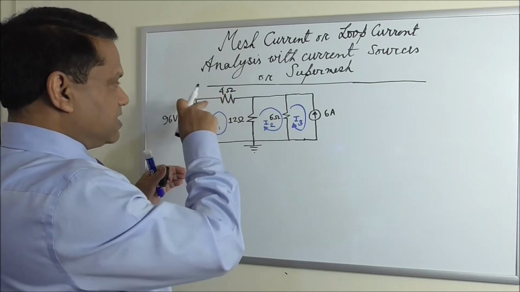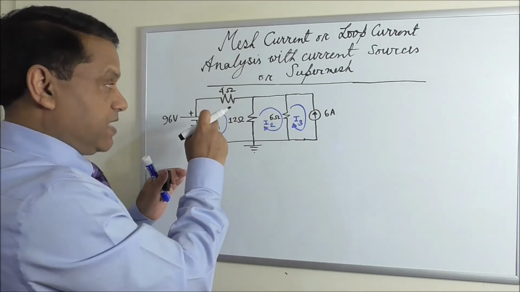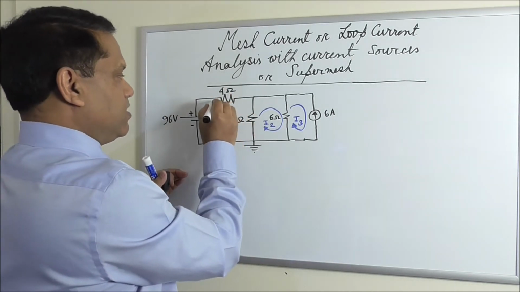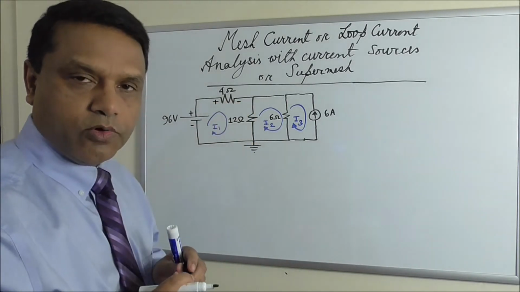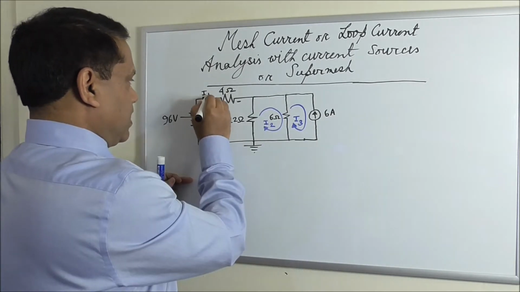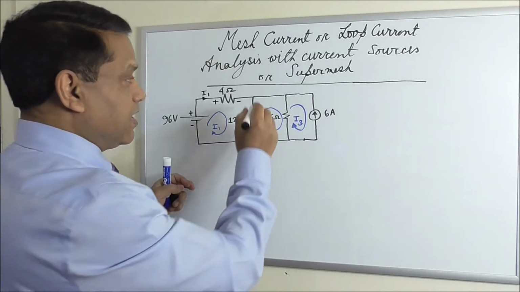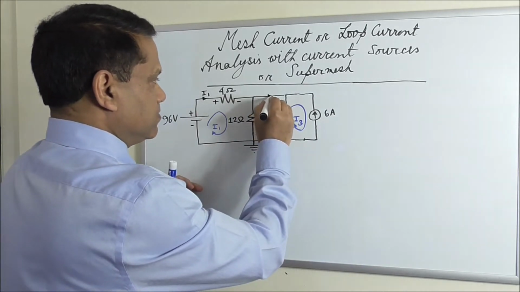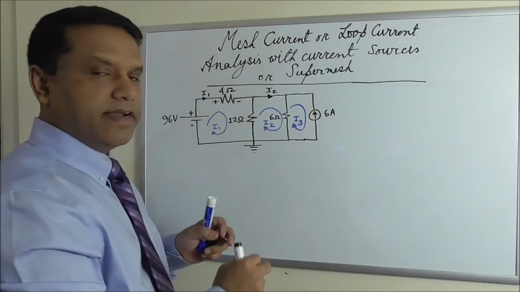In this resistor, current is flowing this way, I1, because this is a non-shared branch. So current will be I1. So this is the direction of voltage drop. The current in this branch is I1, just like the loop current, and current in this branch is I2.